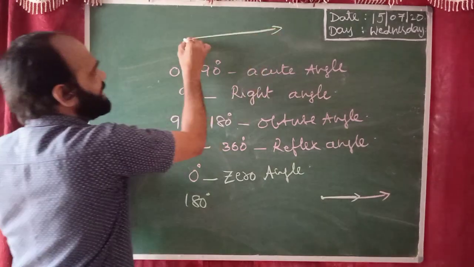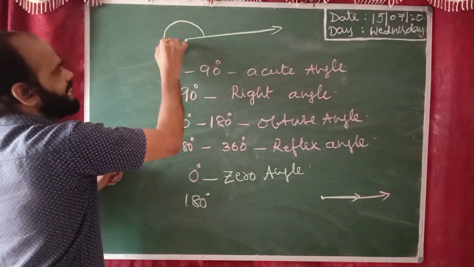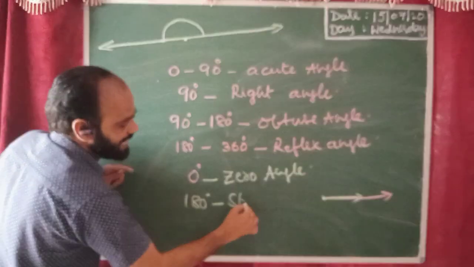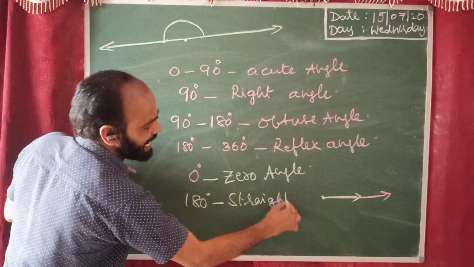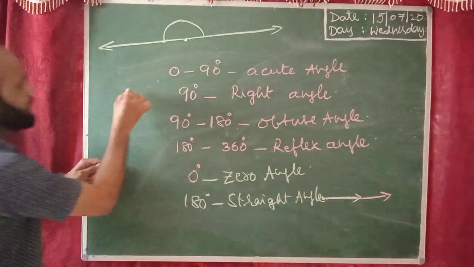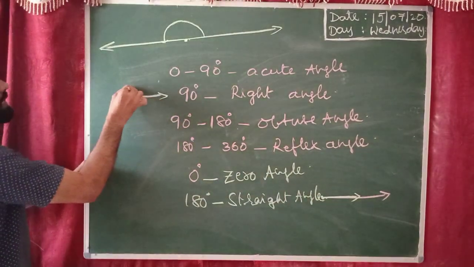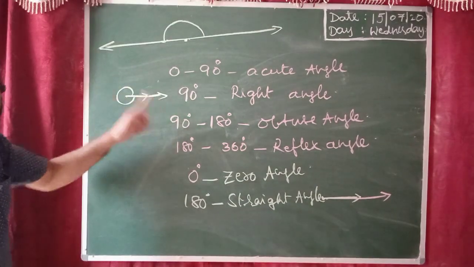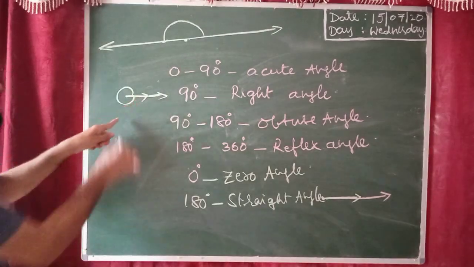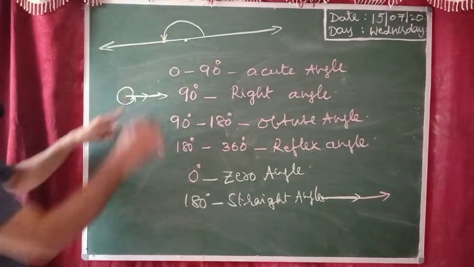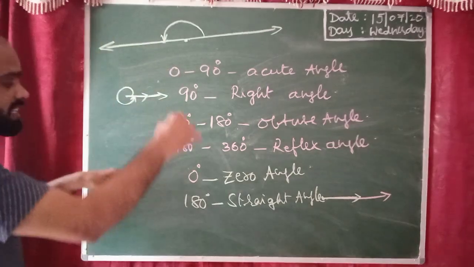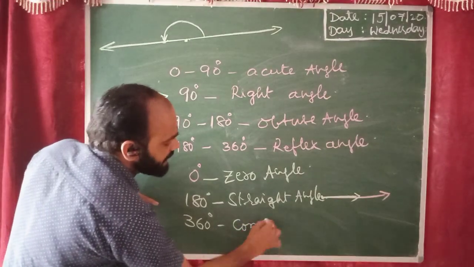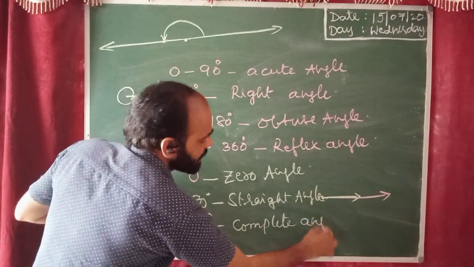This is the rotating ray, and it is rotated exactly this way, where it forms a straight line, and hence we call it a straight angle. And if the rotation is completed, the initial ray coincides with the terminal ray after completing a revolution. You see here, this is 50% done. Here a complete revolution is done. That is 360 degree, what we call a complete angle.